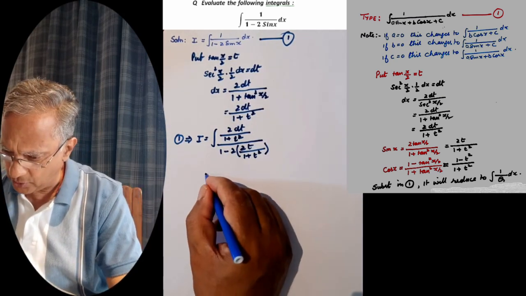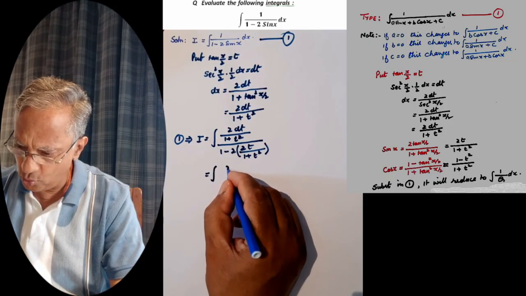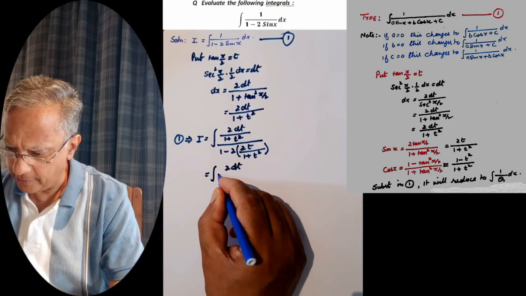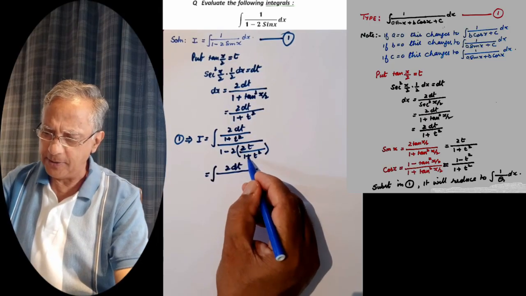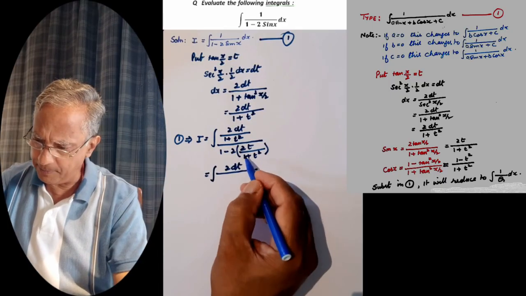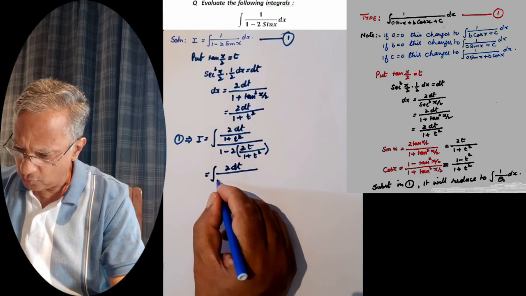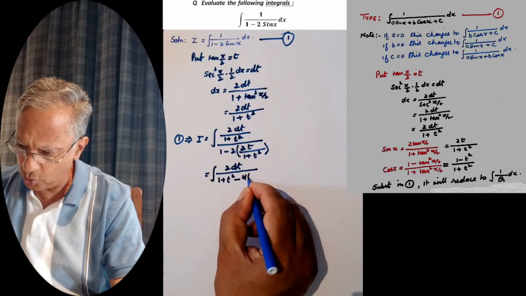So this is equal to integral 2 dt whole divided by, now 1 plus t square is LCM. LCM cancels with LCM. We have 1 plus t square, 1 plus t square minus 4t.